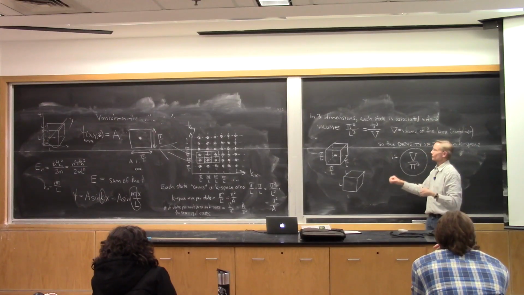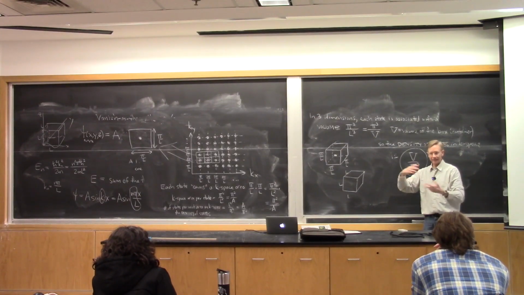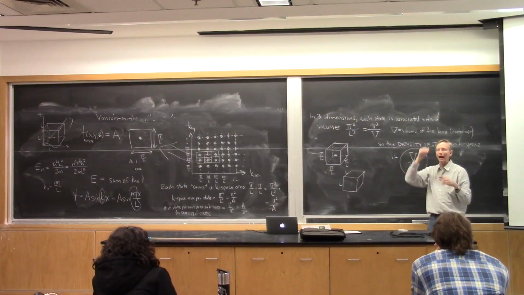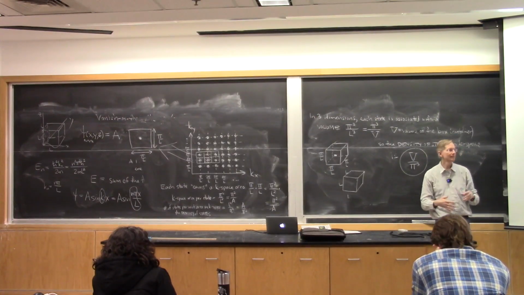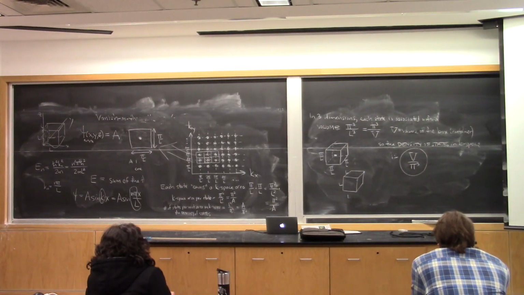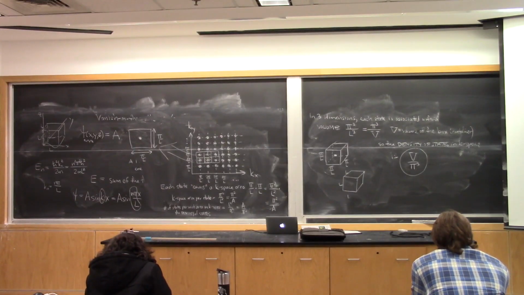It's also proportional to k squared, because the coordinates in k are just pi over L times the coordinates in n. And so every state within a spherical surface has less energy than on that spherical surface itself, because how far you are from the origin in K-space is directly related to the energy of the state.